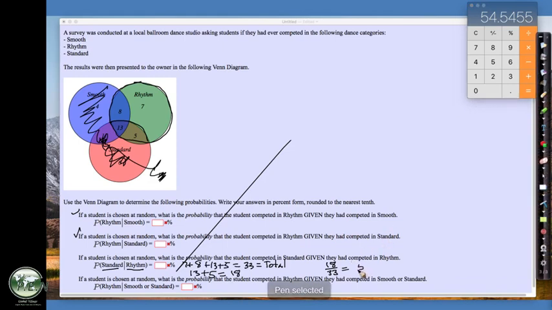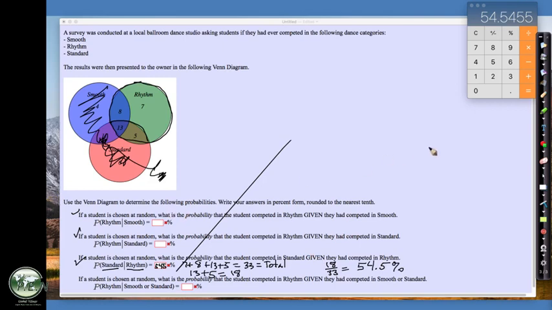So we've got 54.5%, which goes in the little box. And you'll check it, you'll see that that's correct, hopefully, if I did all my work right. But the process is what I want you to focus on. If I made an addition error, it's up to you to catch it.